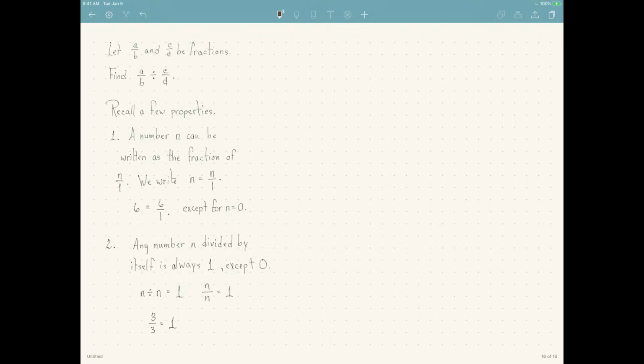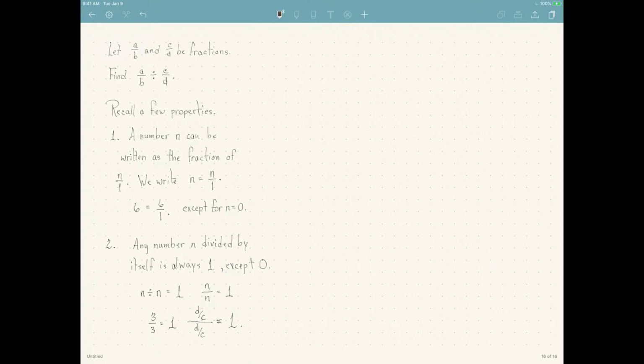Now, let's try something maybe not so obvious. Say we have a number, but this time our number is a fraction, like d over c. If I have that exact same number, d over c, in the denominator, even though it looks like a large piece, it's still just a number divided by itself, and that is just 1.